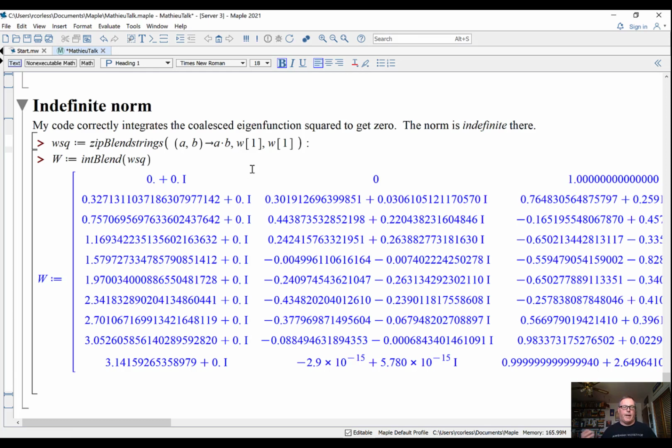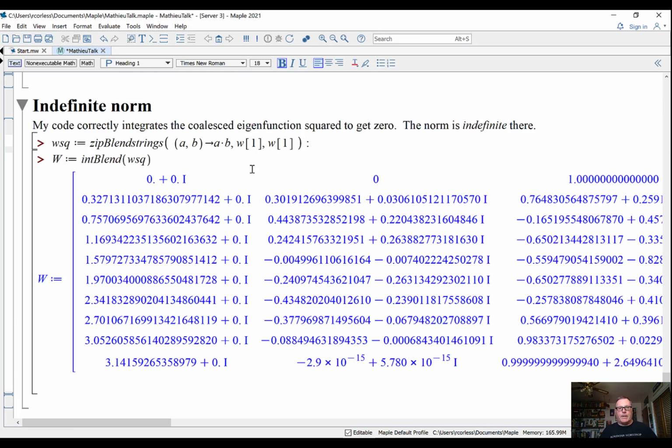So I zip A comma B goes to A times B, and I take W1 as A and W1 as B, and so I mash them together, and then I integrate the result. Because each piece is a Hermite interpolant, you can integrate the Hermite interpolants exactly, and it's a lovely way to do numerical integration of these kinds of things.